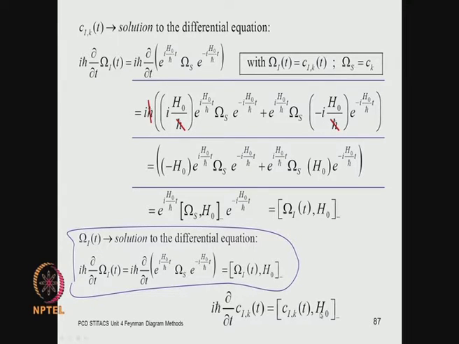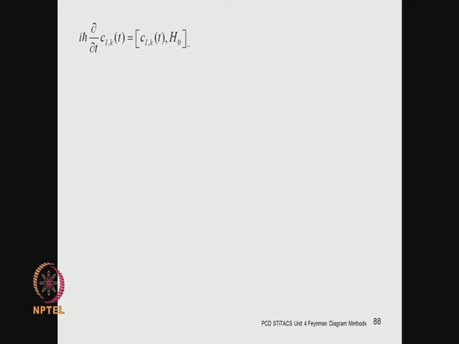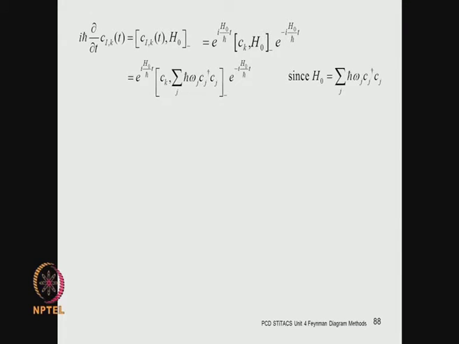Now, this is what we can easily determine, because we know H_0 in terms of the creation and destruction operators. So, this is now H_0, written in terms of the creation and destruction operators, and you can of course factor out this sum over j of h cross omega_j, taking it outside this bracket.